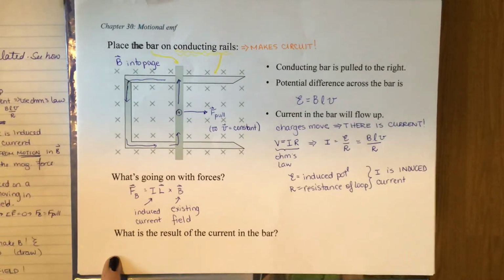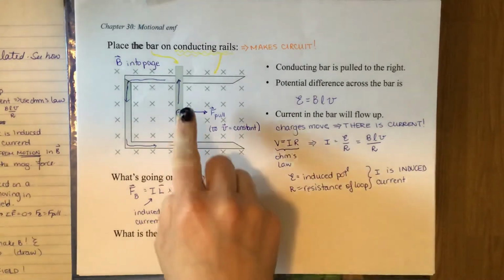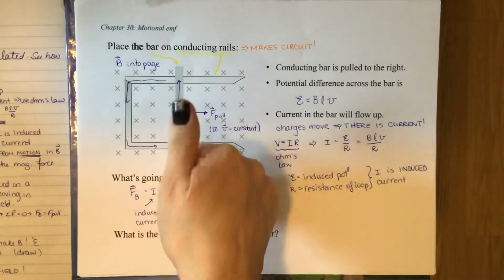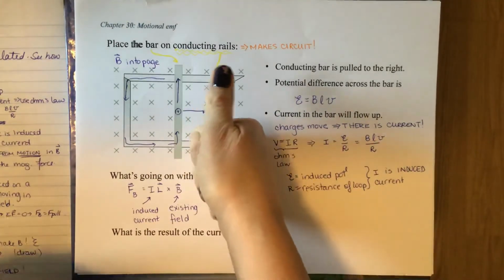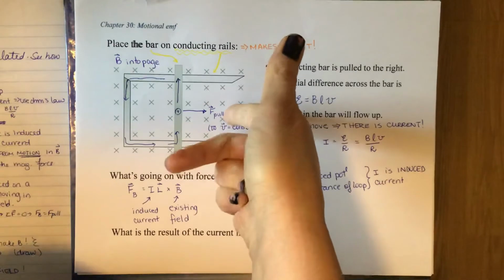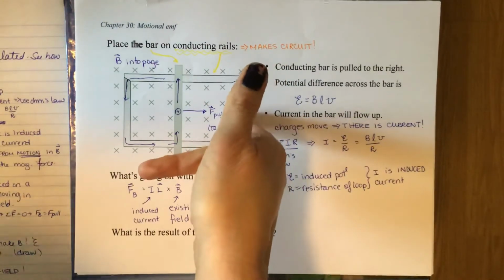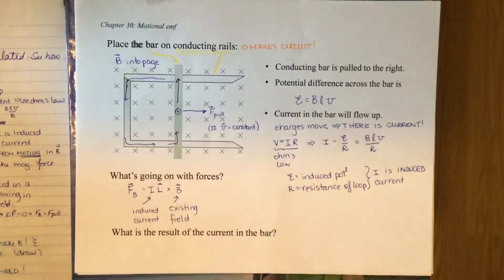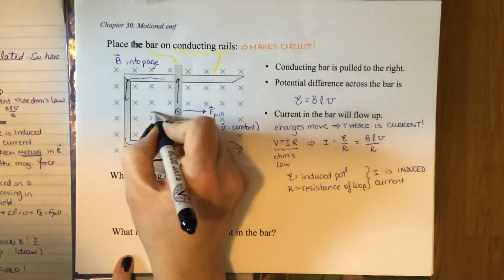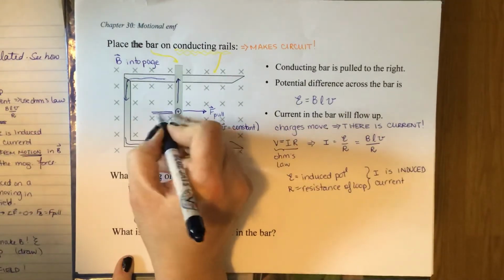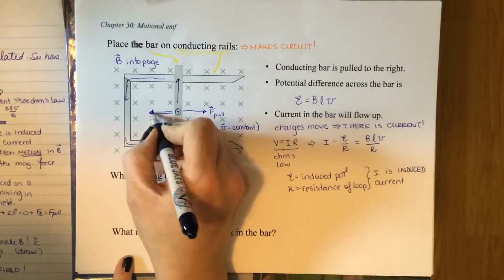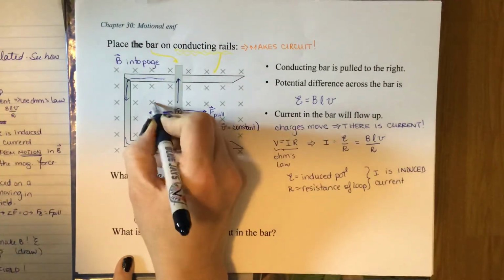What direction does this force point? Well, let's think about our bar here. The current points up, the magnetic field is into the page, the magnetic force, the induced magnetic force, is to the left. So this explains about the magnetic braking, why that induced force is in the opposite direction.